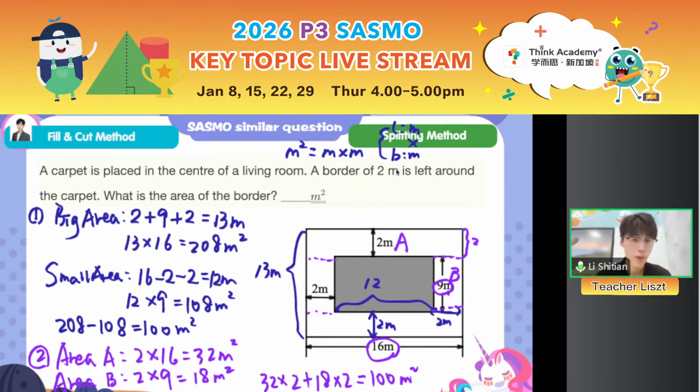But if your favorite method is not working, you need to turn to the next method, right? Because we have two weapons to solve it, right? So, okay, the answer for this question is 100. Easy or not? Actually, this one is a little bit easy, huh? Compared with the previous one.